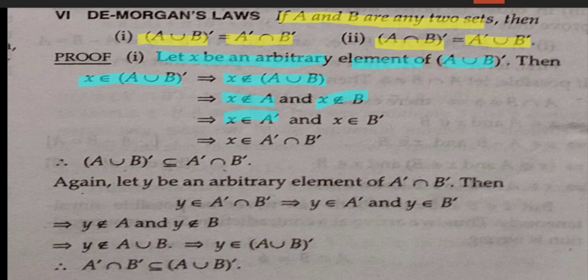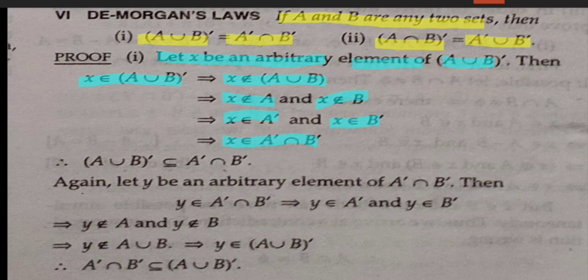Again, x belongs to A dash and x belongs to B dash, which implies x belongs to A dash and B dash.